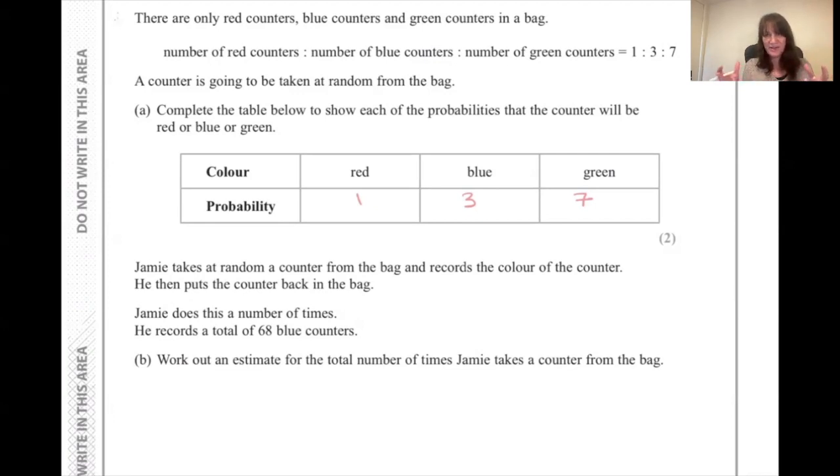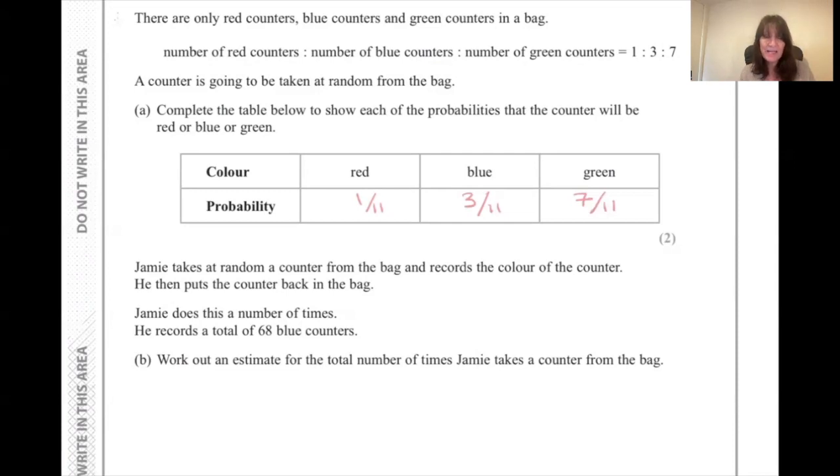So those numbers are not working for probability. But what I am going to do is turn them into fractions. If I've got a bag and I've got 1, 3, and 7 counters, I'd have a total of 11, wouldn't I? So I've got 1 out of 11, 3 out of 11, and 7 out of 11 going in for my probability.